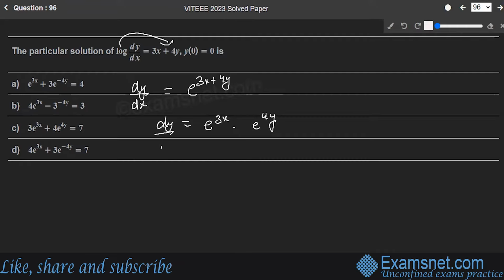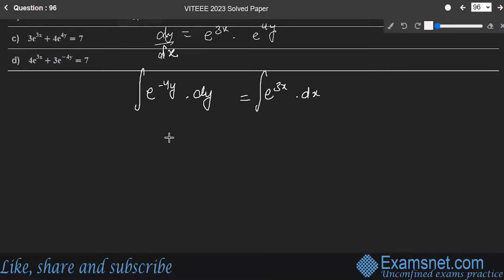This is equal to dy by dx, or you can say e raised to power minus 4y into dy is equal to e raised to power 3x into dx, right? So let's integrate on both the sides. What you will get is e raised to power minus 4y upon minus 4 is equal to e raised to power 3x upon 3 plus c.